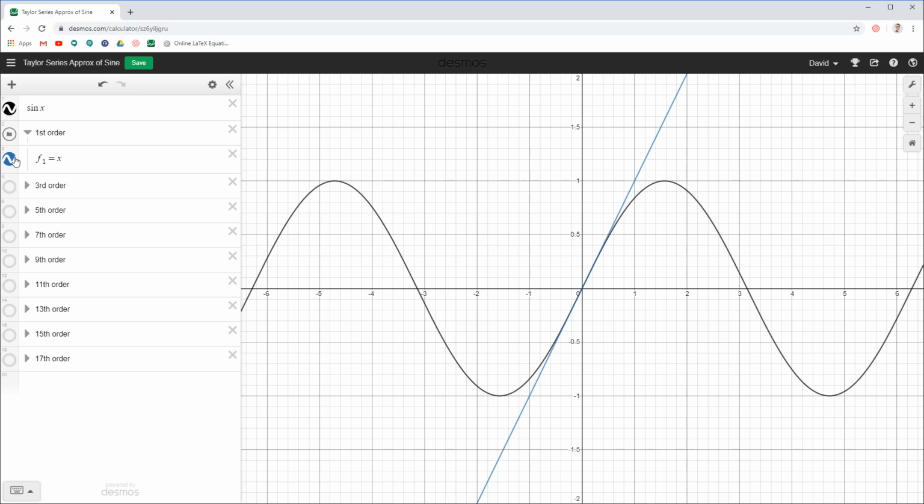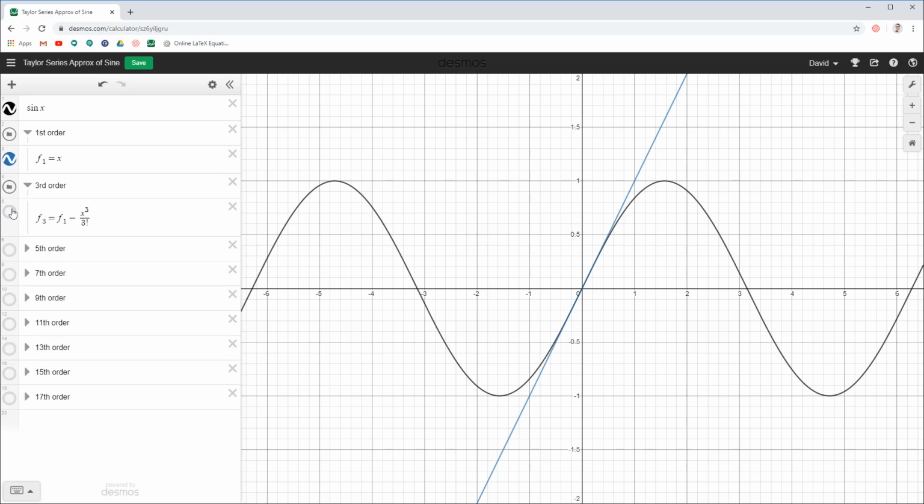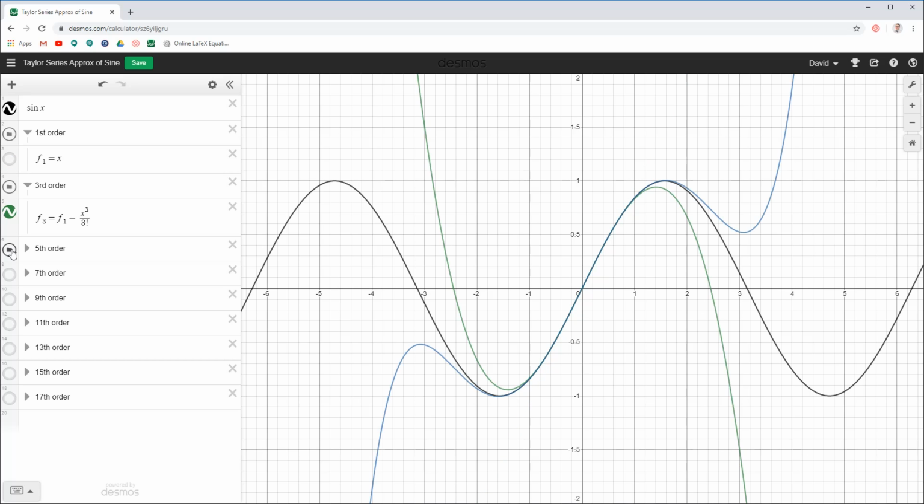The first order term, of course, is just a straight line. It does a good job of approximating sine near 0, but falls off the line as we go away from 0. The third order term is just described as the first order term plus the negative of the third order term. When we go and add the fifth, we get a better approximation.